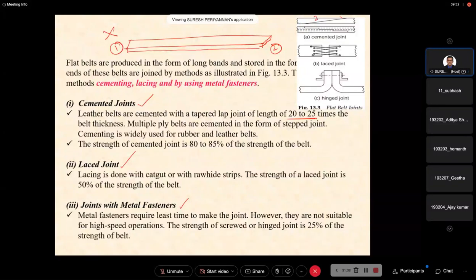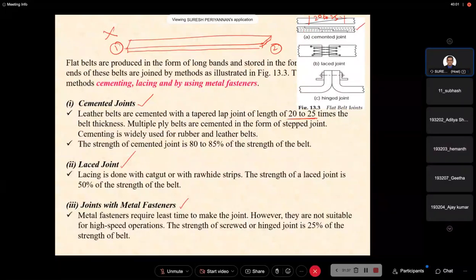For the tapered lap joint, we should follow the 20 to 25 mm length. When the belt is multi-layered, multiply belts, the joint is cemented like this. This is nothing but a stepped joint.